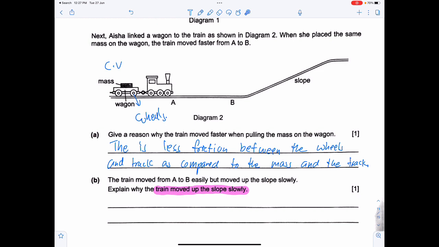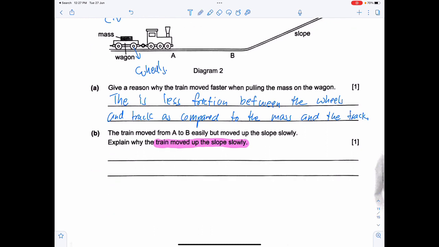But most of you said gravity was acting on the train when you move up the slope. You didn't use the word against, you said it's acting on. So what you're telling me is gravity is not acting on the train over here? The difference is the direction of movement of your train. Your train is moving up in this area, and moving horizontally in this area. So what would your answer be?